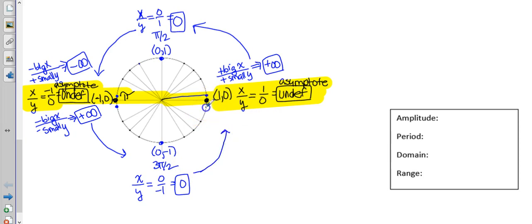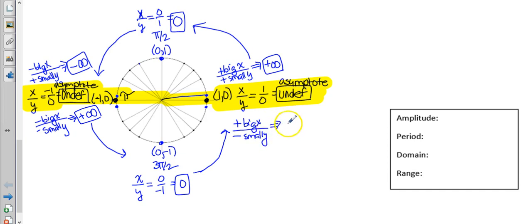Let's reason out how large. Let's say I'm getting super close to 2 pi, but not quite there yet on the unit circle. My cotangent is going to be a large x measurement, so a positive big x divided by, down a little bit, a negative small y.